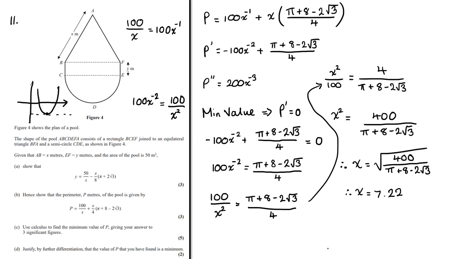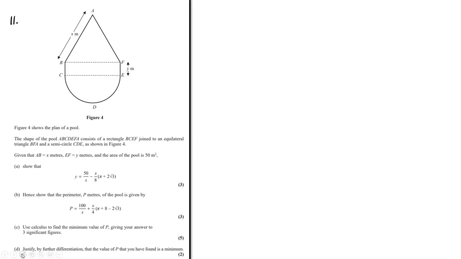And what we need to actually find now is the minimum value. So we've got the length of x there, but we now need to find the minimum value of p. So therefore, to find the minimum value of p, we just substitute this value that we found for x into p. Let's clear the screen, and we'll do it in a different pen colour. So the minimum value is found then by, like we just said, subbing x equals 7.22 into p.